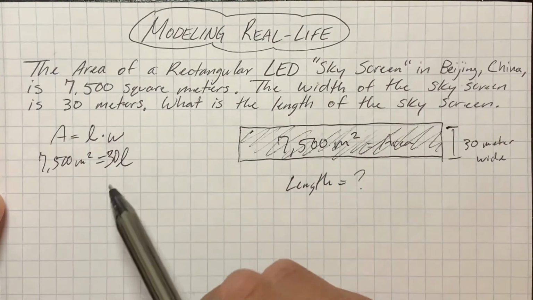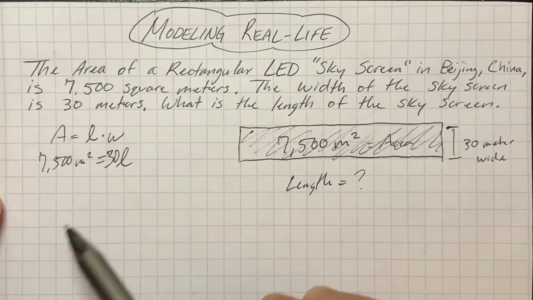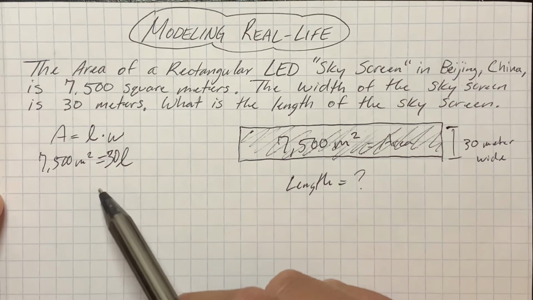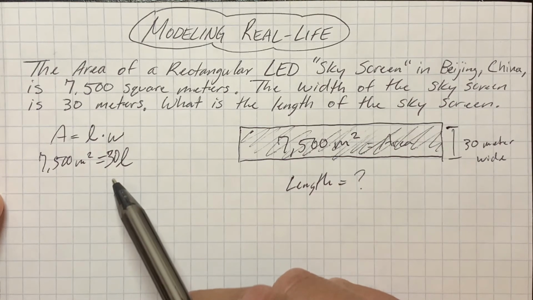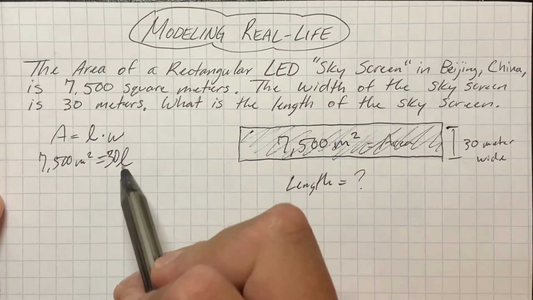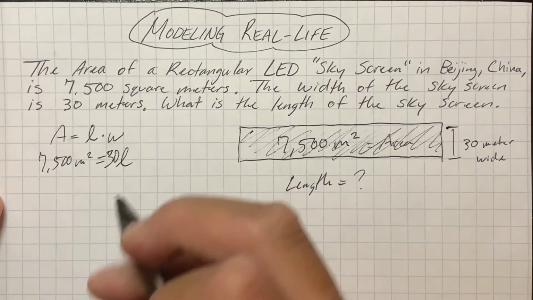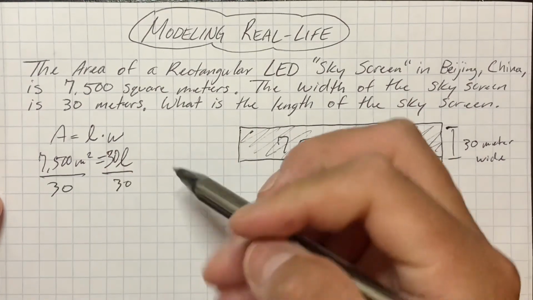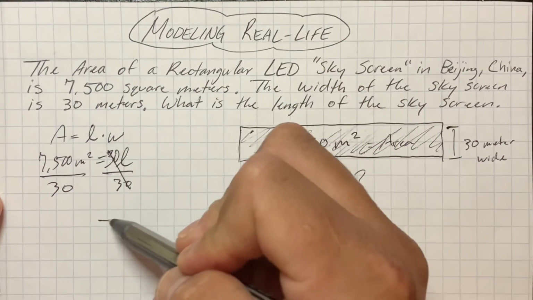So notice that I've made 30 a coefficient and L is the variable. Again, using what we learned before, we're going to be solving this equation using division. We want to get that variable by itself and isolate it. So we divide by 30 on both sides of the equation. 30 divided by 30 is 1.